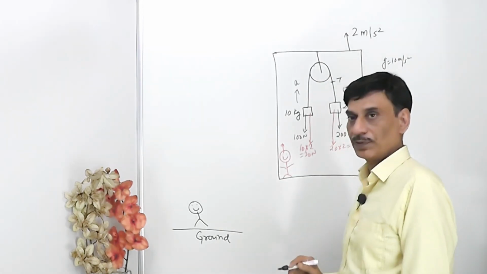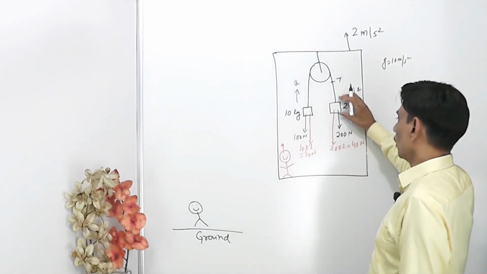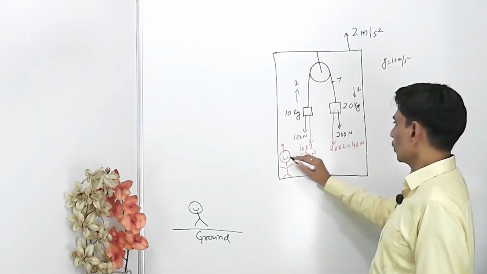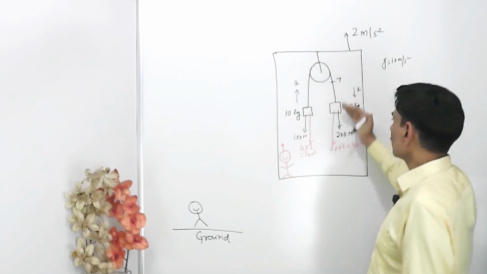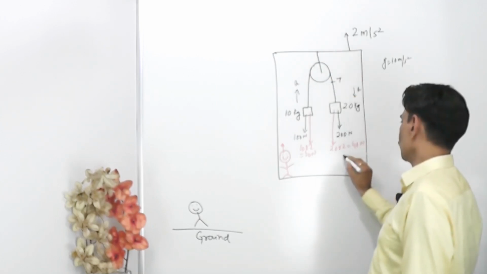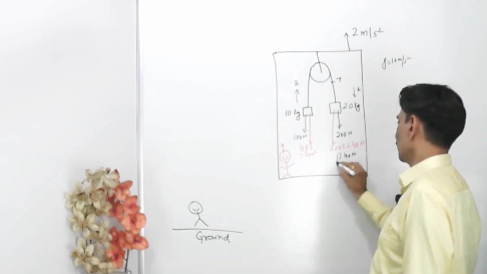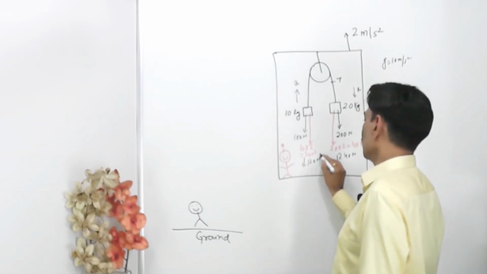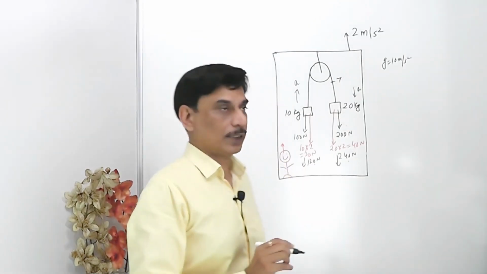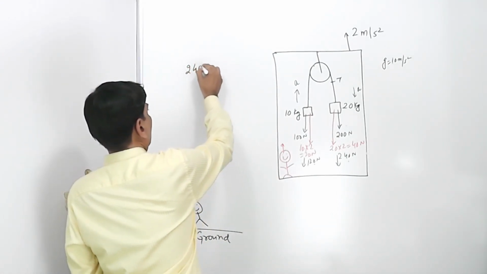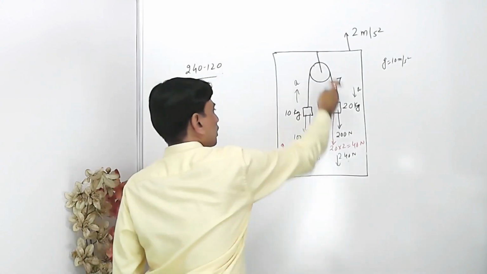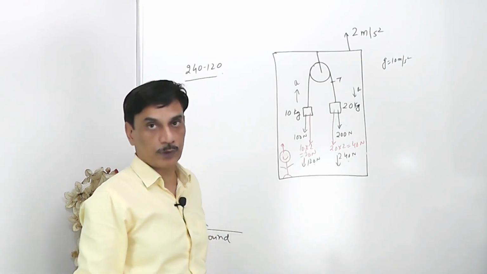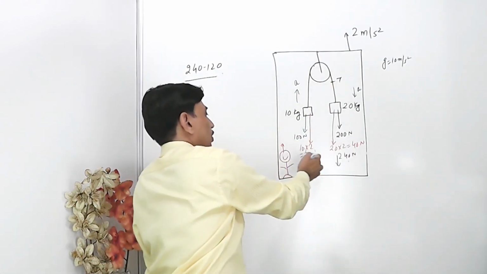So what does this person observe? This person observes that if this block has an acceleration a downwards, the same acceleration will be observed for this block in the upward direction. Along the string, if we see the net force, this way it is 200 plus 40, that is 240 Newton, and this way it is 100 plus 20, that is 120 Newton. The net force along the string is 240 minus 120.